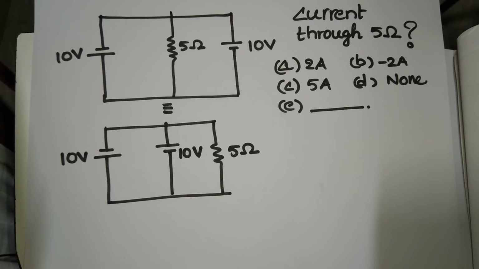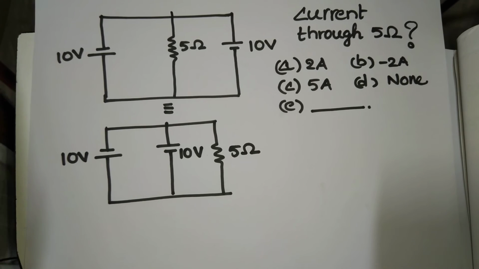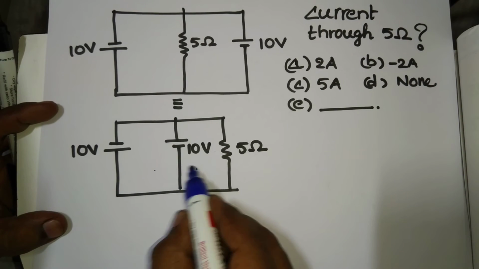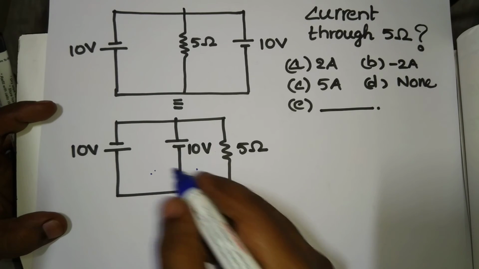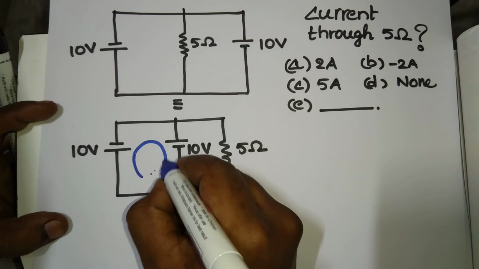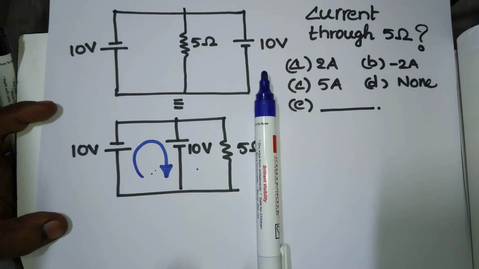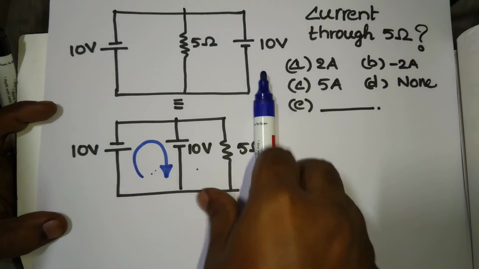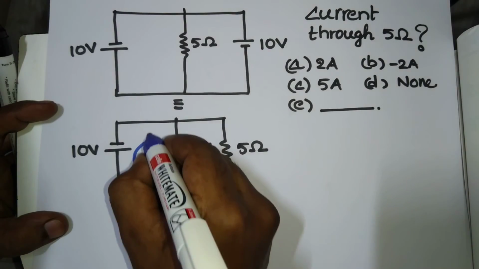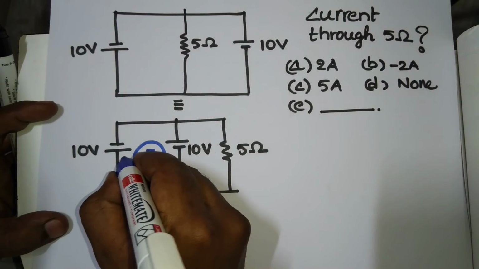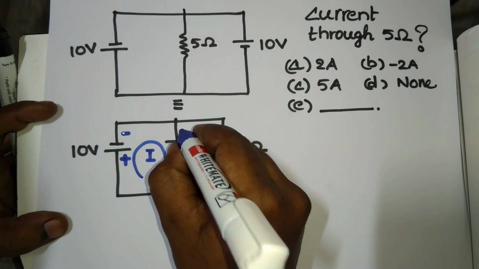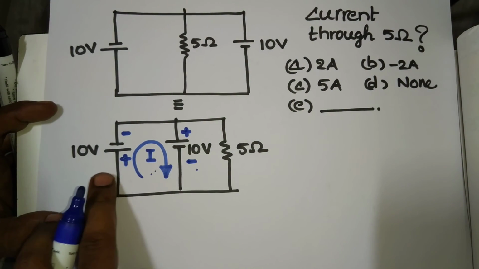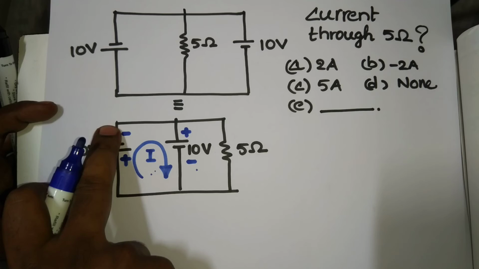Now I have 2 loops here, and in every loop KVL must be satisfied. So I take the conventional clockwise direction. This is my I. This terminal is positive, negative, and this is positive, negative.